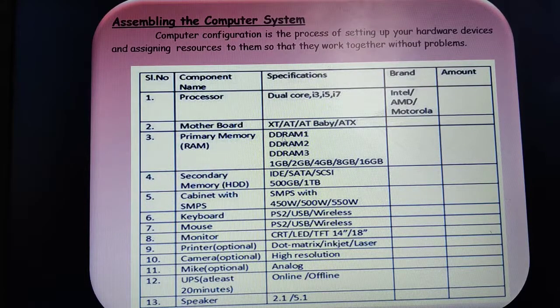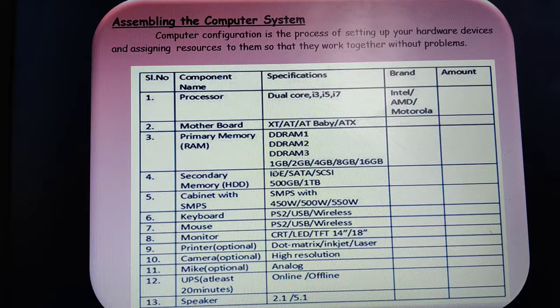DDR-M actually stands for double data rate random access memory, which is associated with the clock signal of the computer system. It passes the data at the rising edge as well as the falling edge of the clock signals. It will transfer the data to the CPU for the processing purpose.